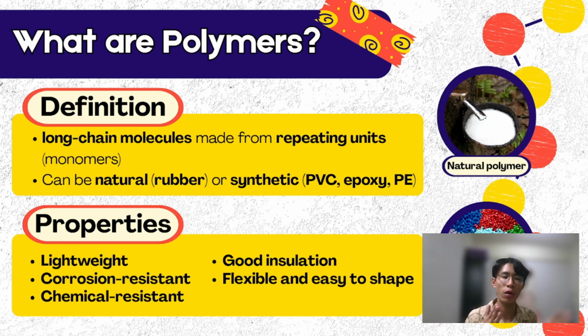An example of a natural polymer is rubber, and synthetic examples are PVC, epoxy, and PE. The properties of polymers are that they are lightweight, corrosion resistant, chemical resistant, good insulators, flexible, and lastly, easy to ship.